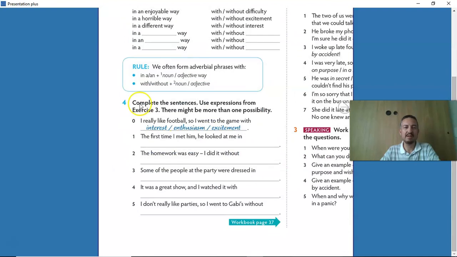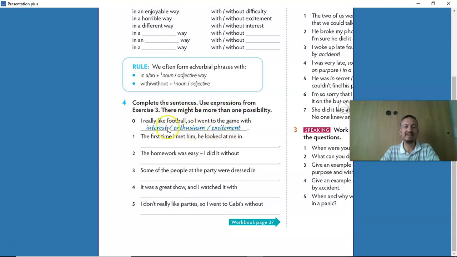Now we move on to activity number 4. Complete the sentences. Use expressions from exercise 3. There might be more than one possibility. Take a look at the example. I really like football, so I went to the game with interest. So with interest, or with enthusiasm, with excitement, because I really like football.